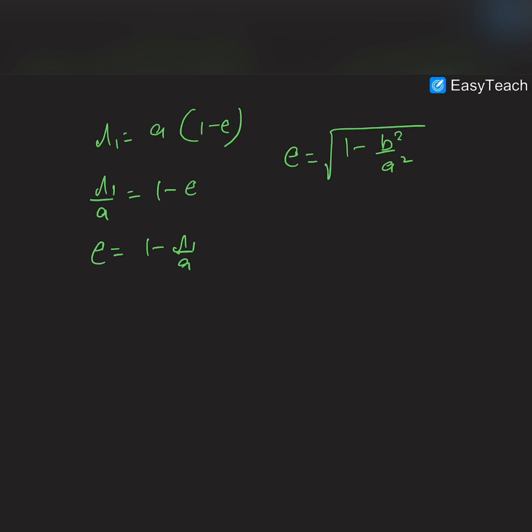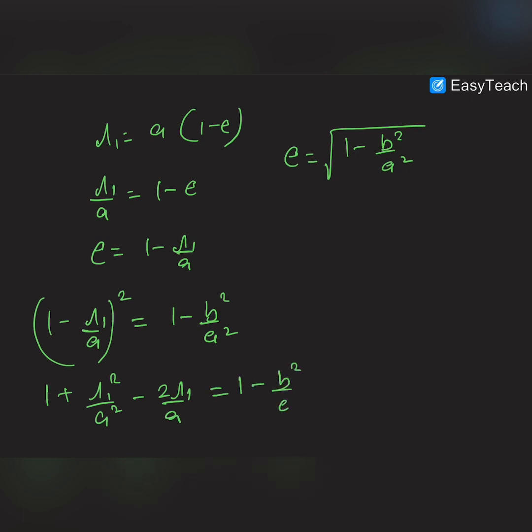So by comparing these two, we can see that 1 minus r1 by a whole square is equal to 1 minus b square by a square. So you can see that this is 1 plus r1 square by a square minus 2r1 by a is equal to 1 minus b square by a square. Cancelling this one with 1, so you can find out the value of b.